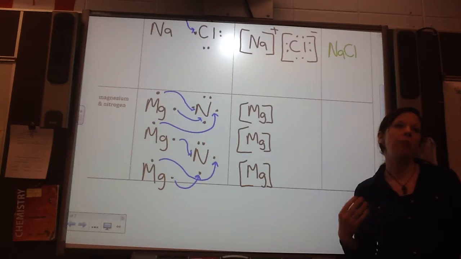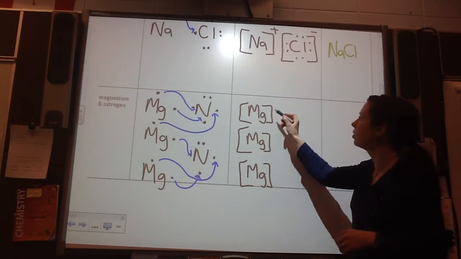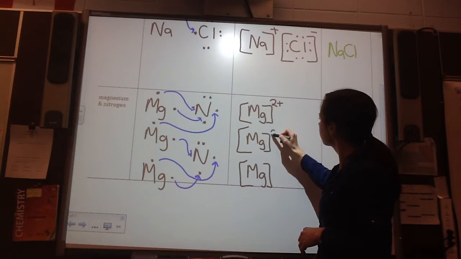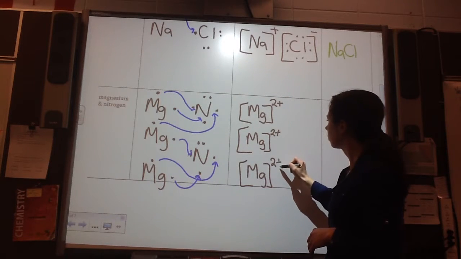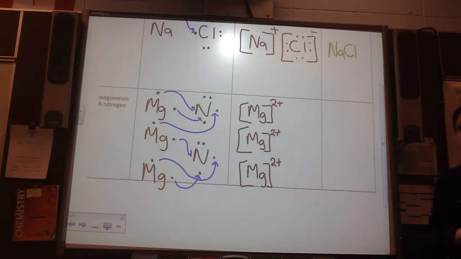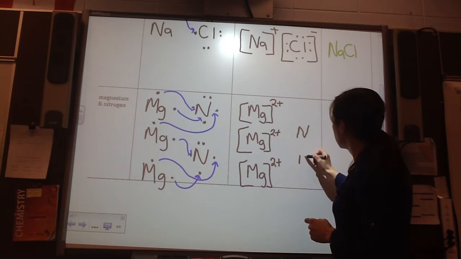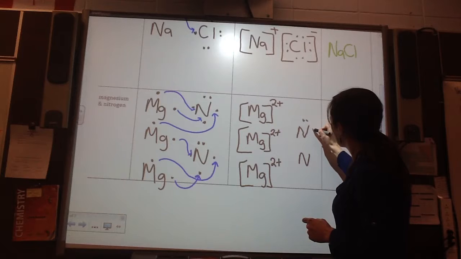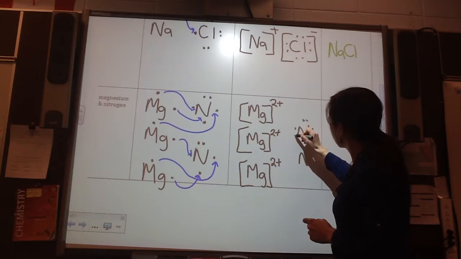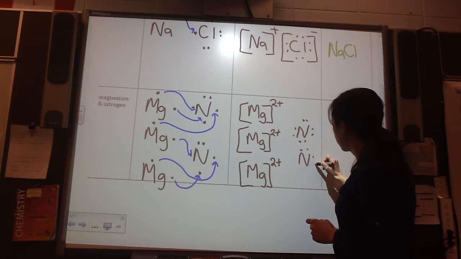So they all became more positive by 2. Then you have to draw all of your nitrogens. So we have 2 of them. And they all got full valence shells now. 3 negative. That's right.